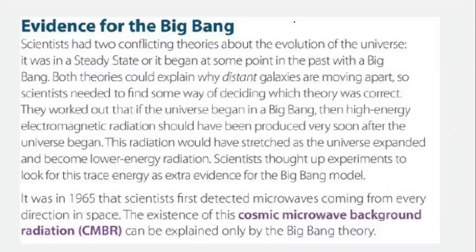When they detected it, they said, if we can look at the red shift of the background radiation, we can prove that the Big Bang explosion actually took place, that the Big Bang is real. So they started taking a look at the background radiation.